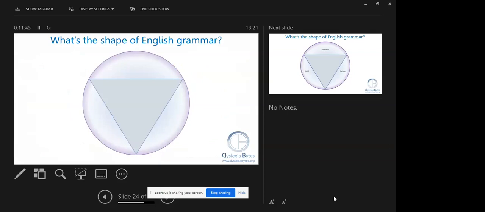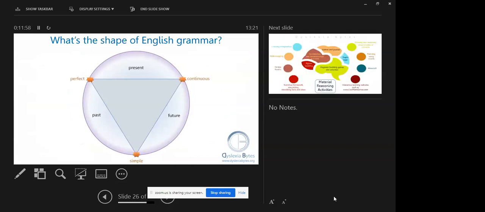And on here, we have the past, the present, and the future. And inside the past, the present, and the future, you have a triangle. Okay? And you can turn and manipulate this triangle. And this triangle represents the simple, the perfect, and the continuous.